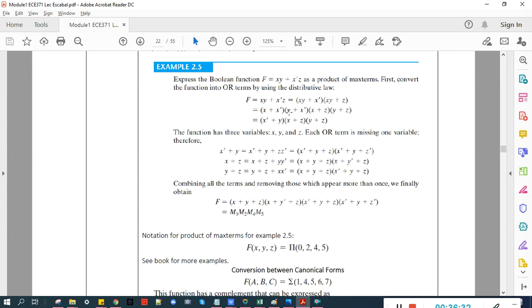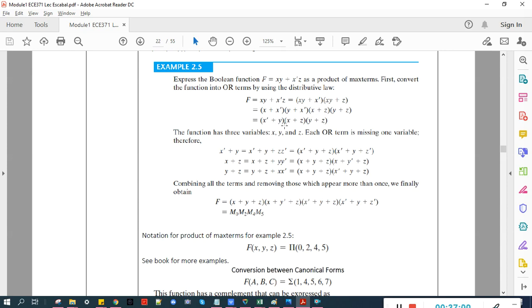Then what happened? We know that x or x prime is just equal to 1, so this term can be omitted. What remains is x prime or y, times x or z, times y or z. This is now the product of max terms.